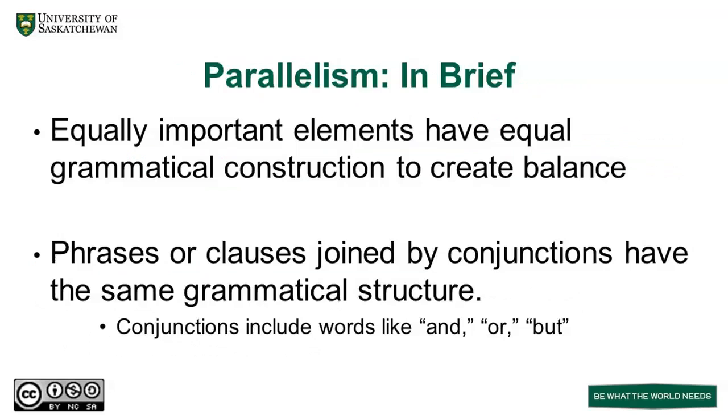So phrases or clauses that are joined by conjunctions have the same grammatical structure. So if you are incorporating phrases or clauses and you're attaching them with words such as and, or but, that is an indication that these are equal elements, and so you'll want to present them in an equal grammatical construction.